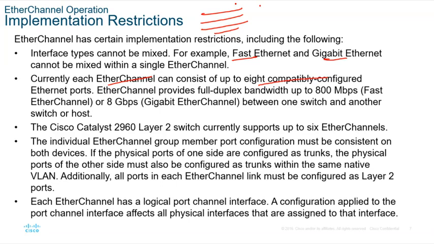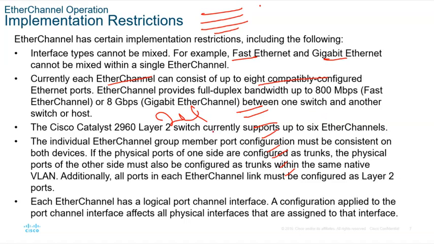Then per switch, the groups that you can have on a switch are supposed to be 6. So if we have 24 ports and you decide to group 2, then you're going to have 6 groups, meaning that you will group only 12 ports. Now here we're talking about the number of groups that you can have.